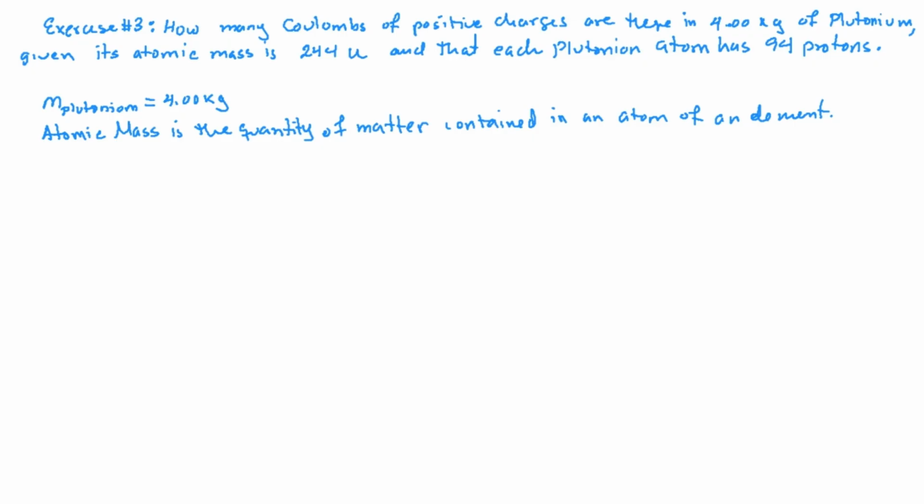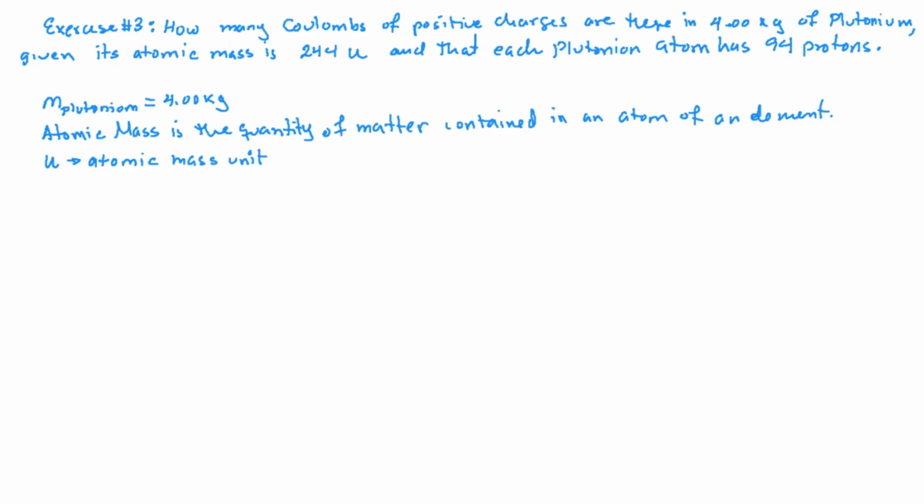Now, when they say that the atomic mass is 244 U, it is because they are using a unit called atomic mass unit. U is an atomic mass unit.